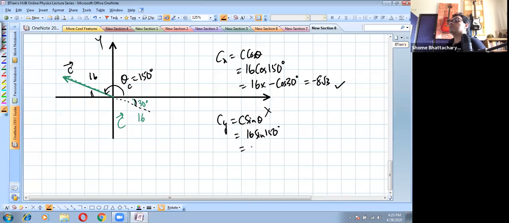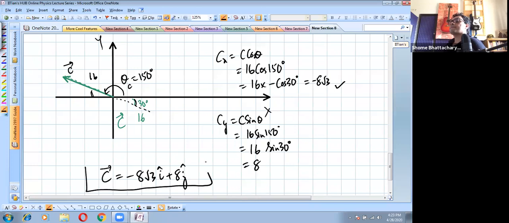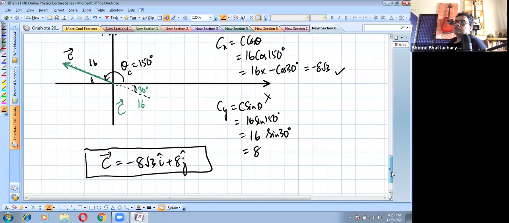Now you know in the second quadrant sine is positive. So it becomes sine 30, which is half. So it becomes 8. So the vector C actually has a negative x component and a positive y component. Okay, so now we've got all three vectors.